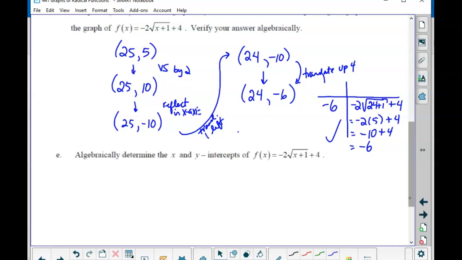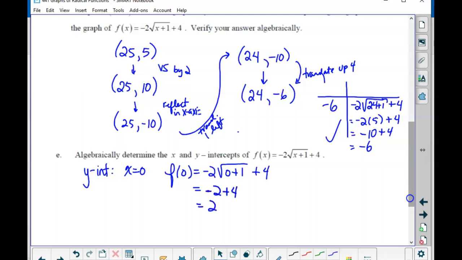Then algebraically determining the x and y intercepts. Excuse me. So y-intercept's really easy. Y-intercept is when x equals 0. So in this case, we're going to substitute 0 in for x. So -2 times 1 is -2 plus 4 is 2.